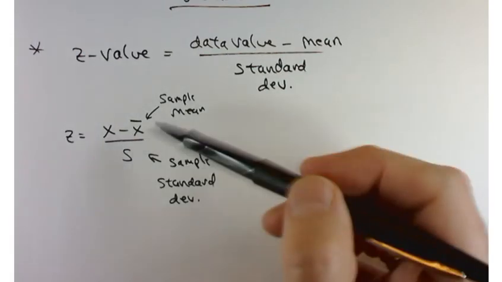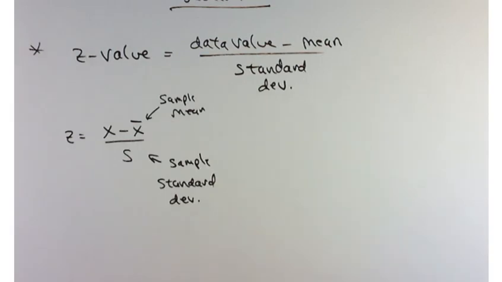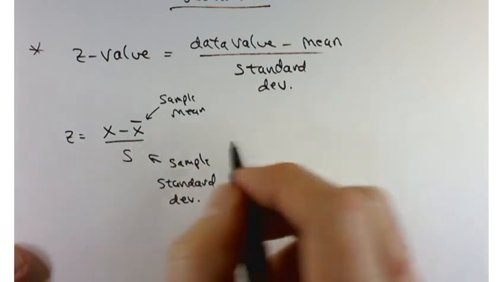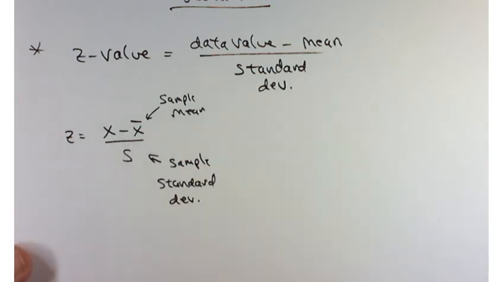Now these are just estimates. If you're sampling from a population and you want to try and find out the bigger picture, these are just estimates of your population values.